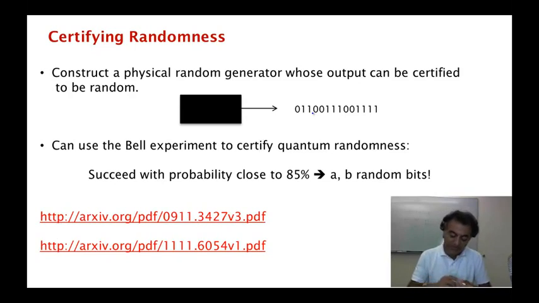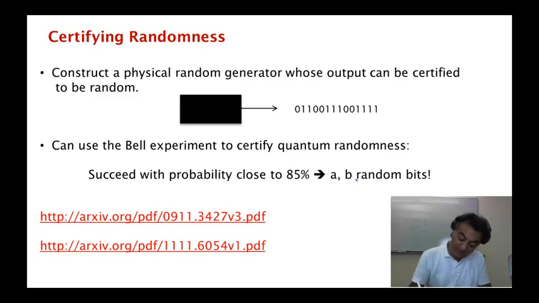But it turns out that you can use the Bell experiment to certify that you got real randomness. The way this works is, if you run the Bell experiment, and the experiment succeeds in its goal with 85% probability, or very close to 85% probability, then the only way it can happen is if the output bits A and B are random bits.